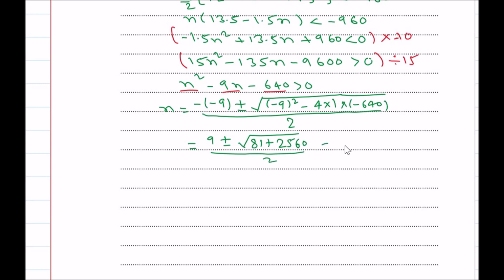So that gives us 9 plus minus 51.39 divided by 2.